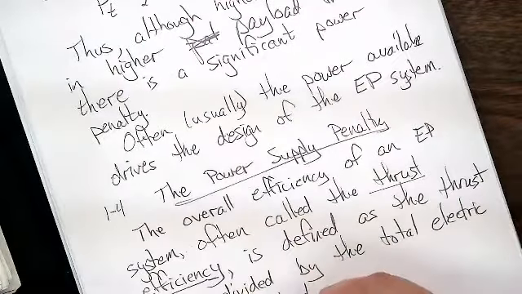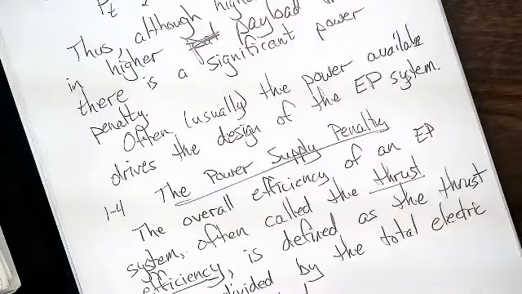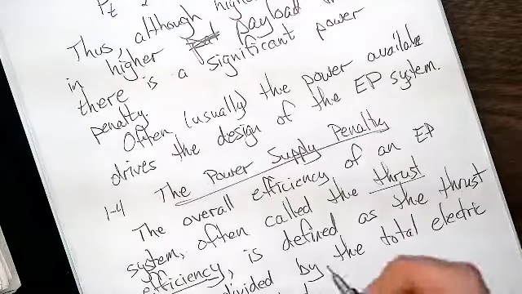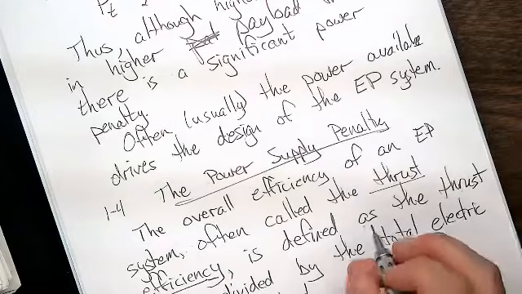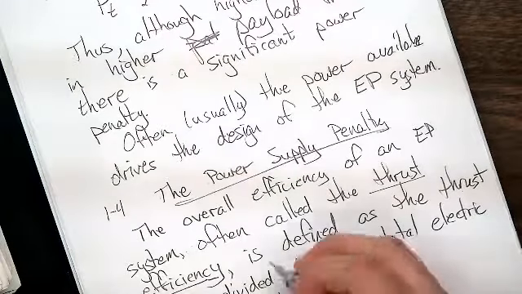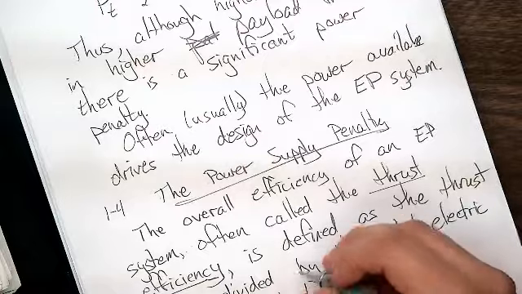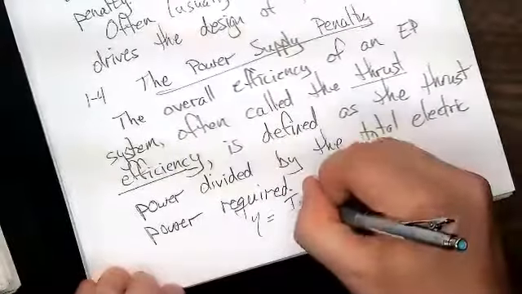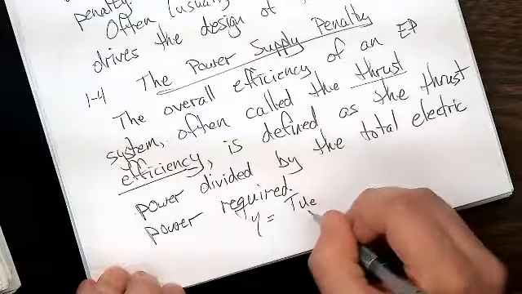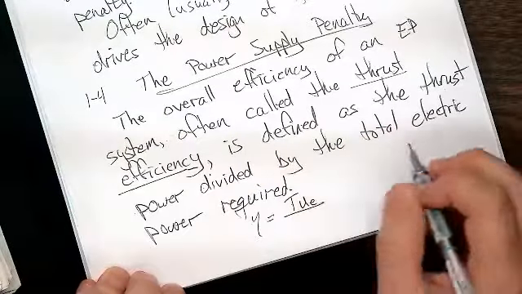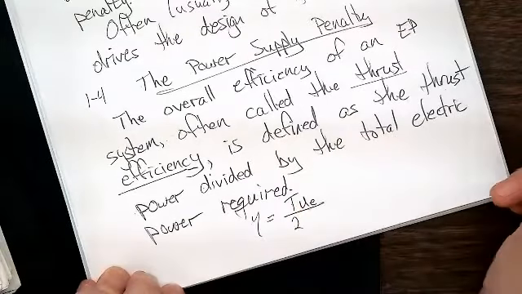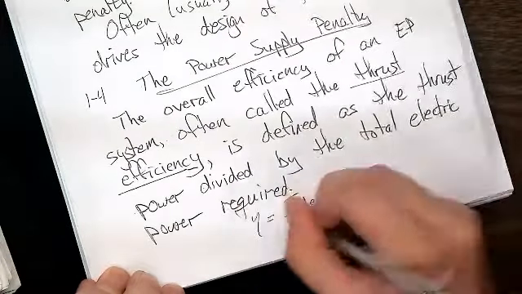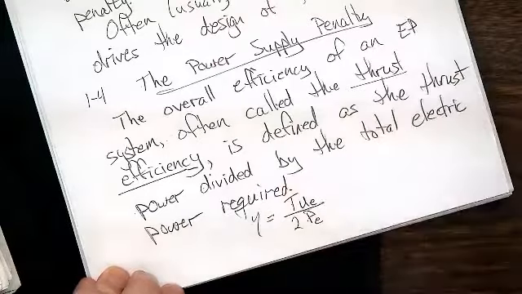So we will call that thrust efficiency eta, and this would contain a large part of that power conversion efficiency. And this is equal to the thrust power, T thrust times the exit velocity divided by 2, divided by the overall electric power.